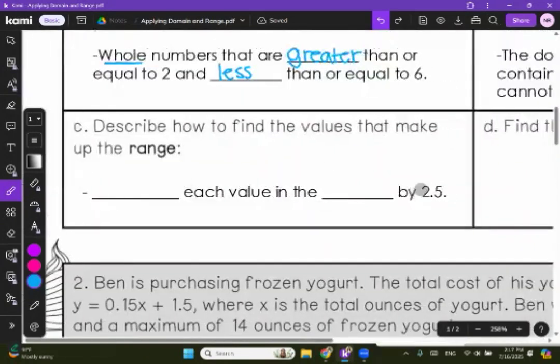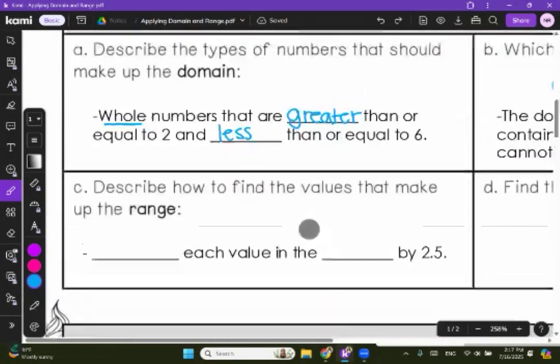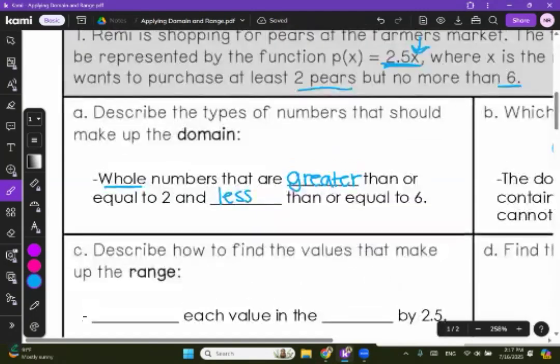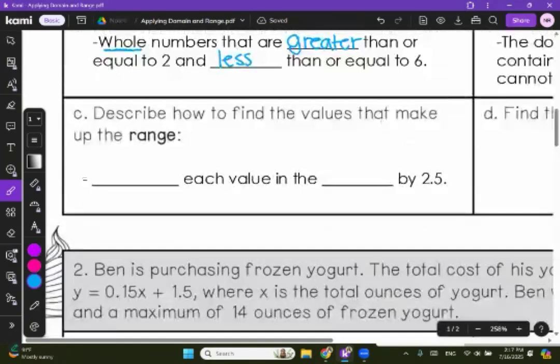Describe how to find the values that make up the range. So how would we find those numbers? They gave us an equation here. If we want to purchase 2 pears, we would plug in a 2. If we wanted to purchase 6, we would plug in a 6. But plugging that number in, what are we actually doing with the equation? We are multiplying times 2.5.